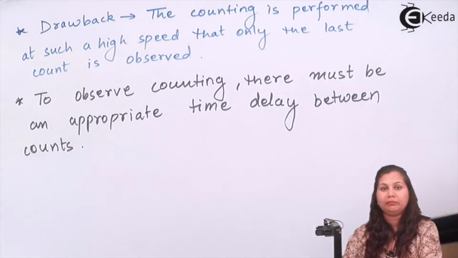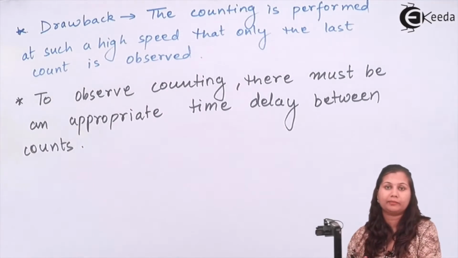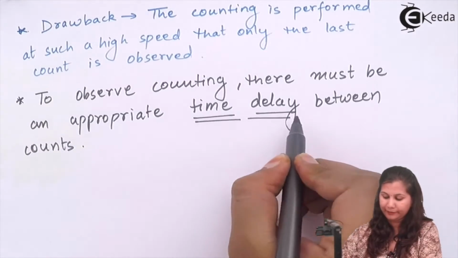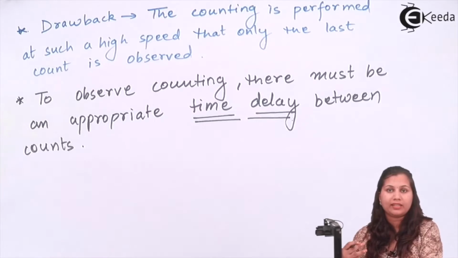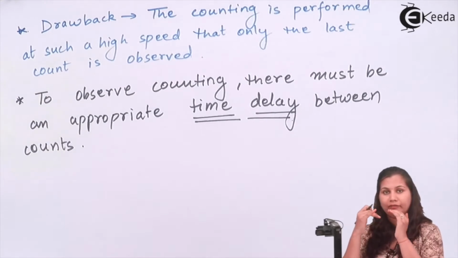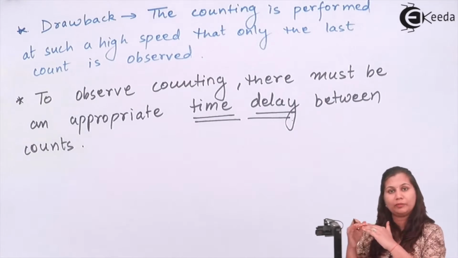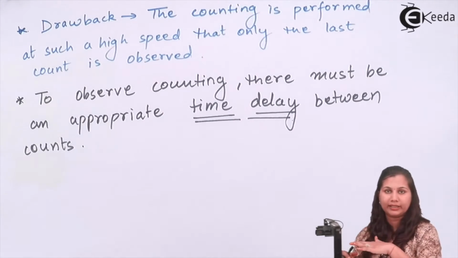There should be a method available so that we can check at every step how the counter is decrementing or incrementing. So this new technique is time delay. Time delay is giving some time to us at every count, so that at every step we will be able to see how the counter is incrementing or decrementing.